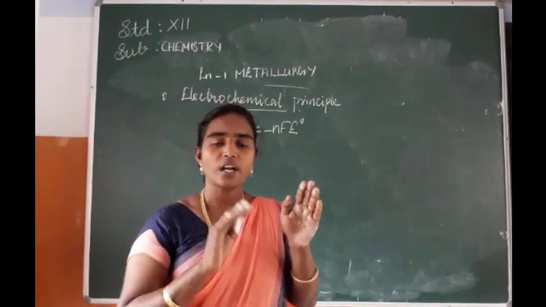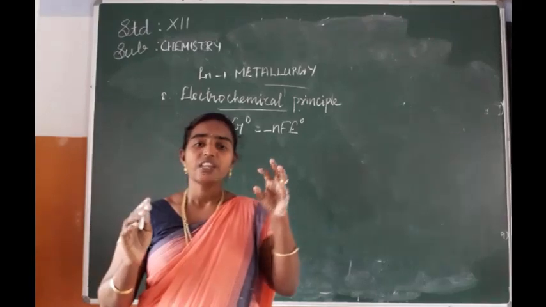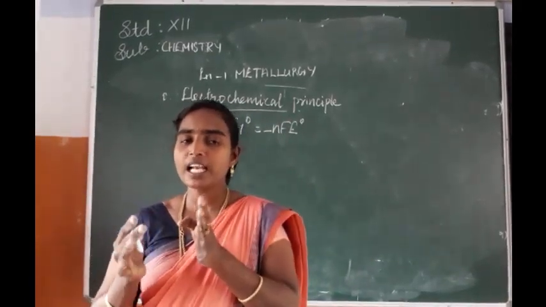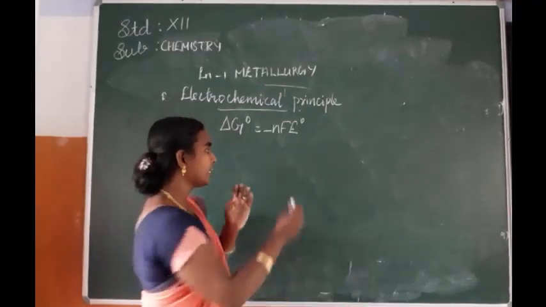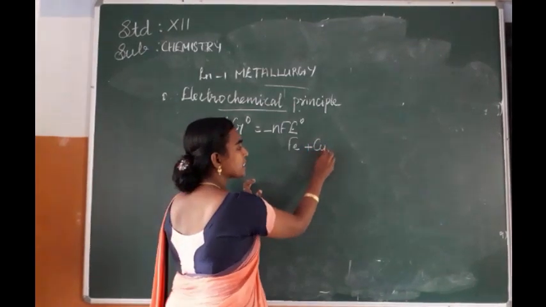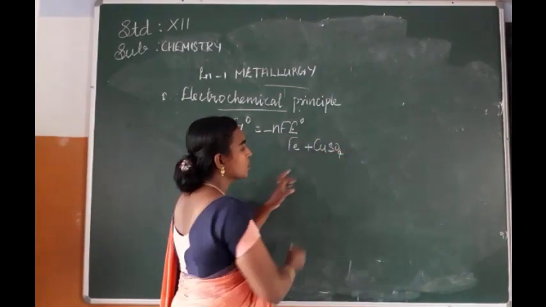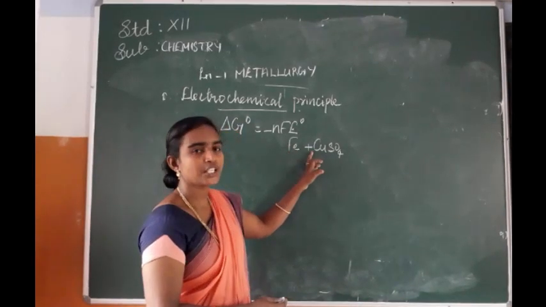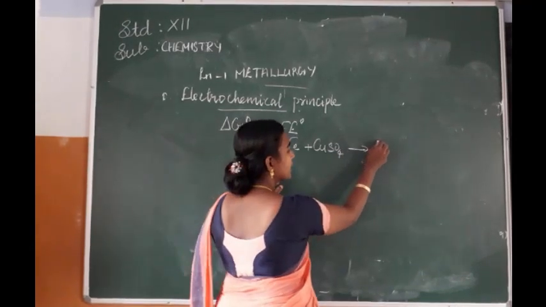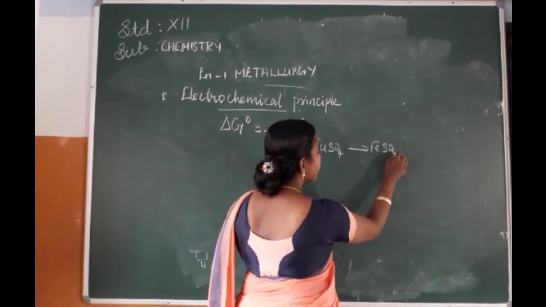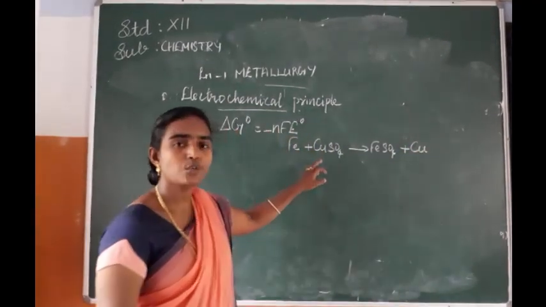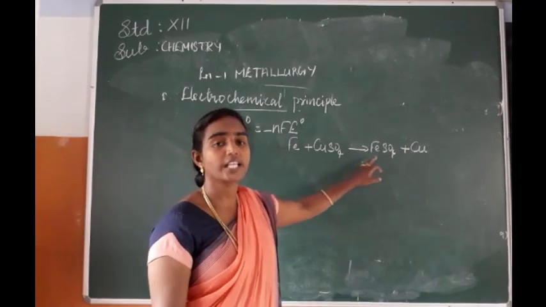Okay. So what's the condition? An active metal displaces a less active metal in a particular solution. So when iron is dipped in copper sulfate solution, iron is more reactive than copper. Then the copper will be displaced and we get ferrous sulfate solution. The color of the solution changes from blue to green.